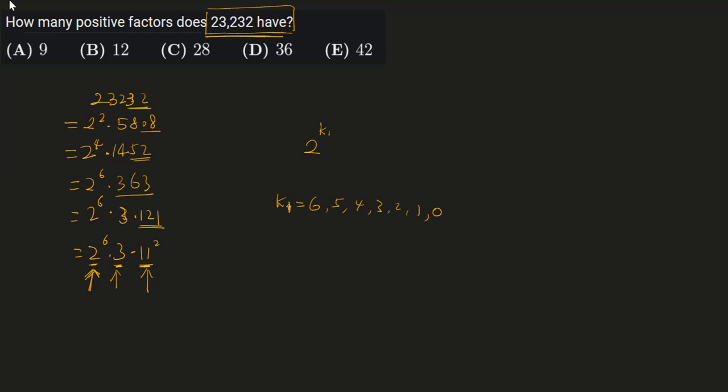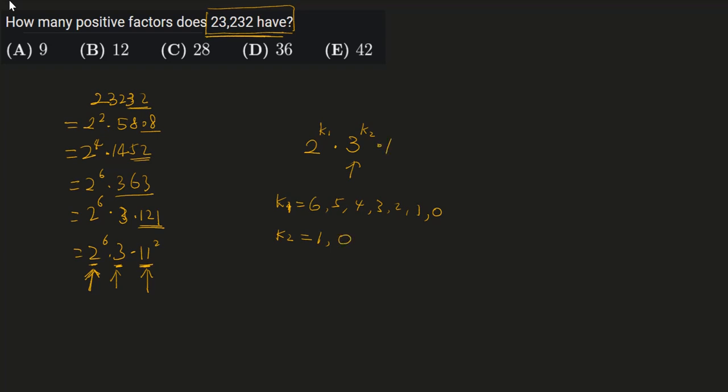So that'll be 0. Then let's look at the next piece, 3. For 3, let's denote the exponent as k2. What values can k2 take? The max we can have is 1 of this piece of 3, so k2 equals 1. Or we can simply skip it, not using this piece. So that's 0.